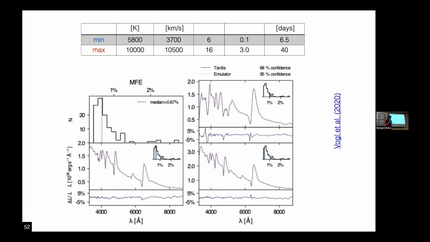And here, that's a direct comparison basically between emulated and simulated spectra. That's basically the fractional difference between the emulated and the simulated spectra. And here both are plotted on top of each other. And without zooming in, you would not see a difference at all.